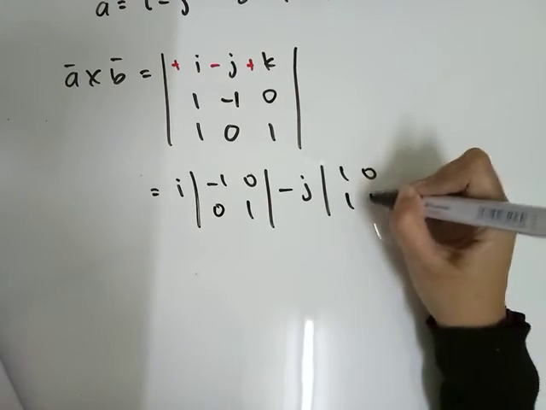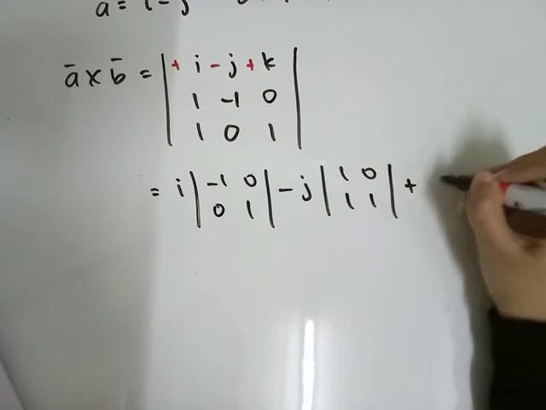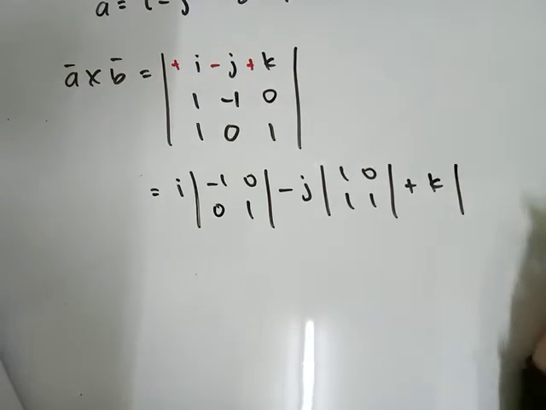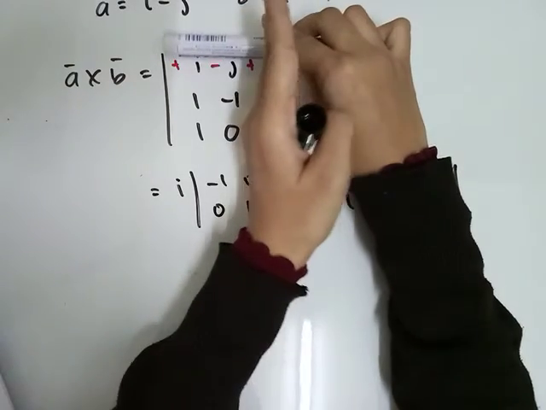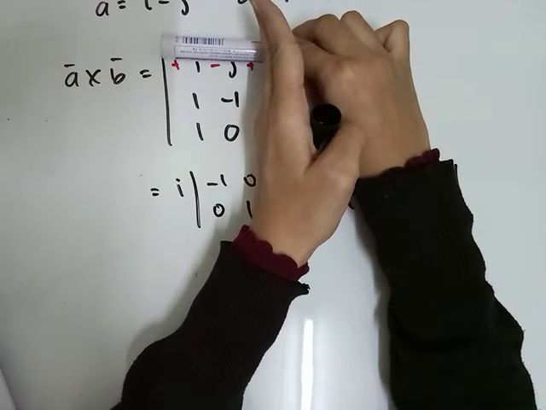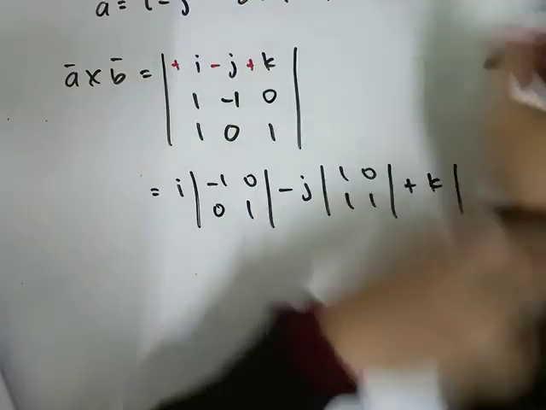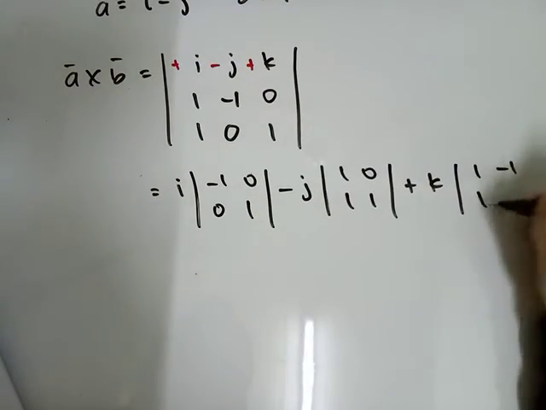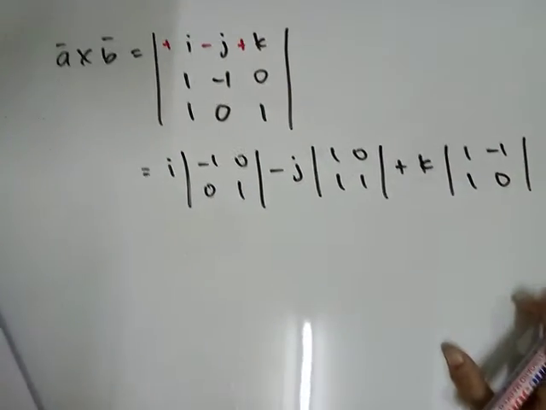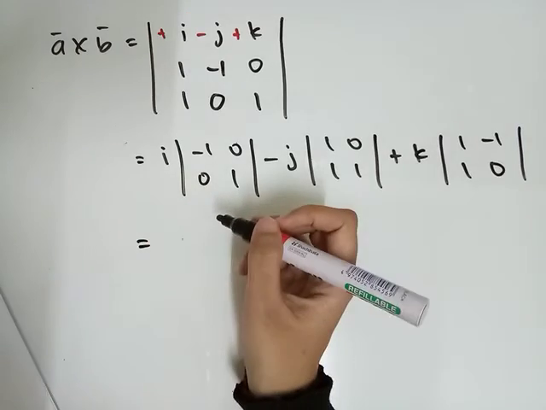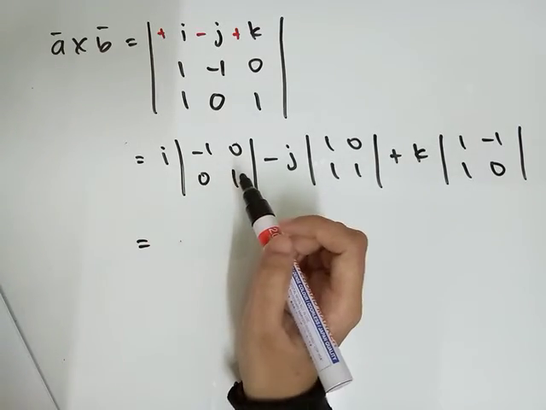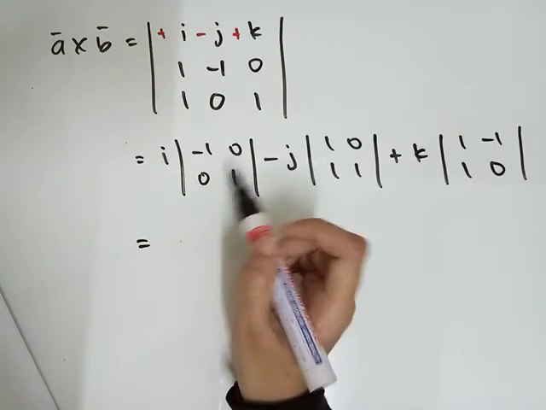Plus, for element K, eliminate the row and the column. Apa yang tinggal? 1, negative 1, 1, 0.